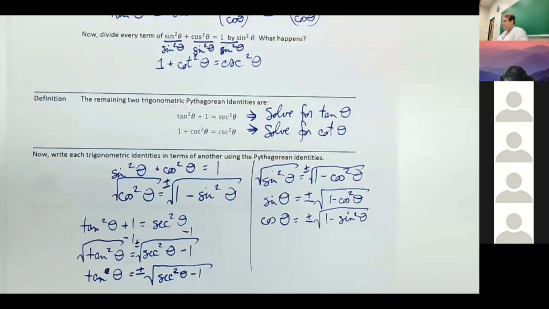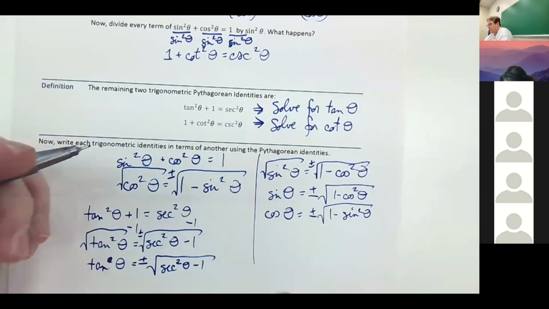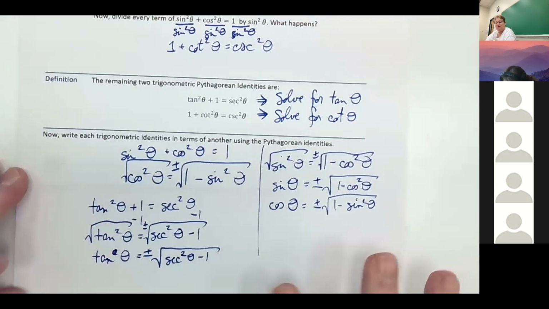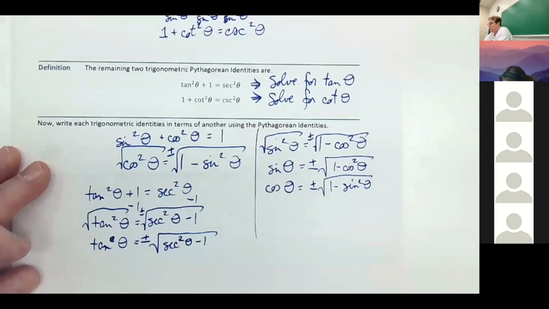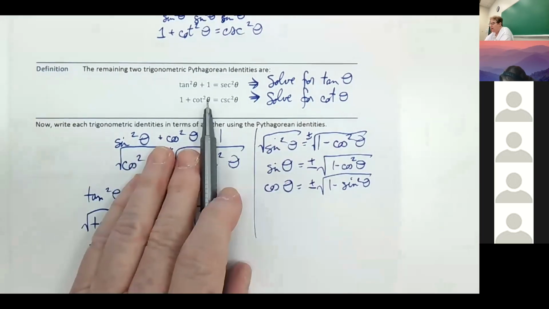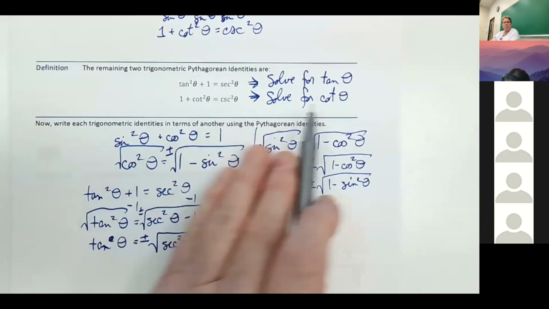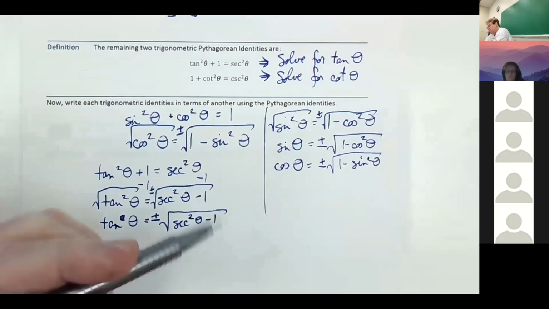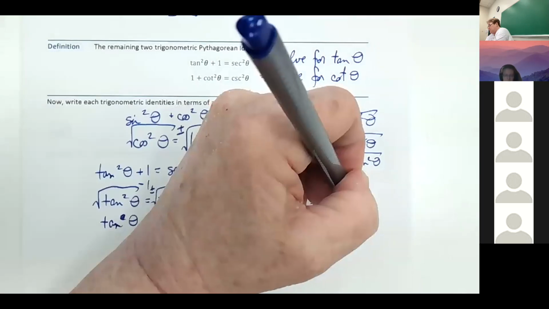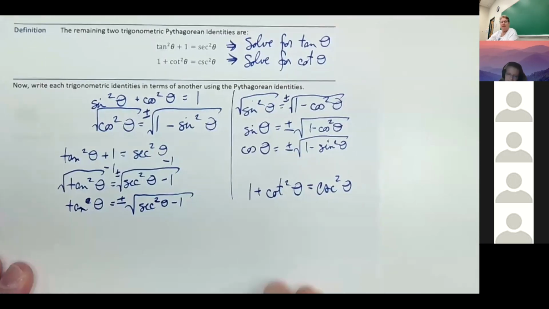I'm sorry, Alex, what'd you say? Oh, okay. So somebody help me out here. We're solving 1 plus cotangent square theta equals cosecant square theta for cotangent theta. So what do we do first?